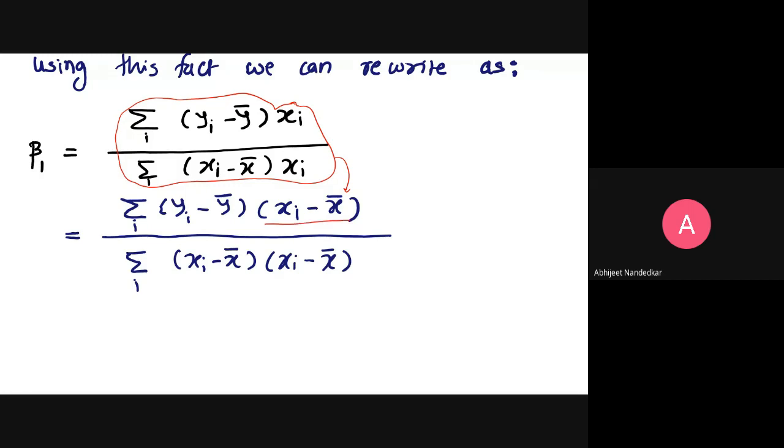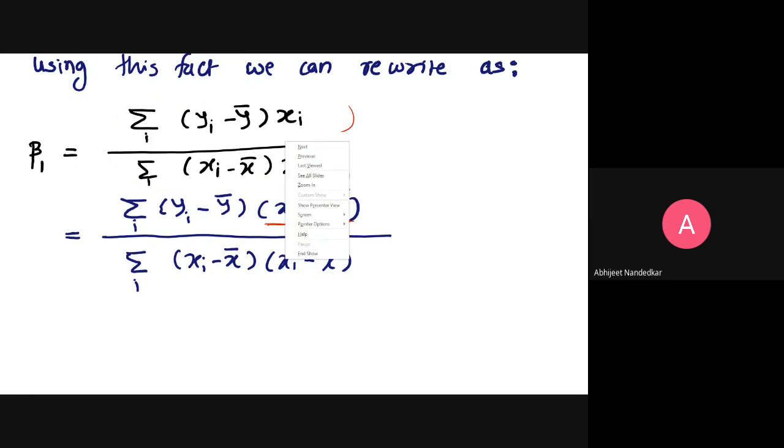What is changed here is I am subtracting, say, this minus x bar. I am just doing this thing. So this bracket I am doing. So this x bar I am adding here intentionally. So what will happen due to this?